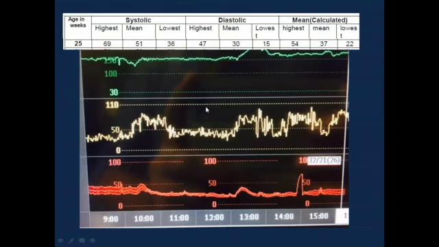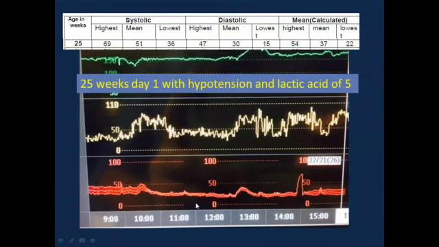So in this situation, you have a 25-weeker preterm infant. At 10 o'clock in the morning, the blood pressure dropped. You have all of the parameters dropped here, on day 1 of life. The hemodynamic compromise was only detected at 3 o'clock because the lactic acid in the blood gas came back about 5 after being very low in the morning.